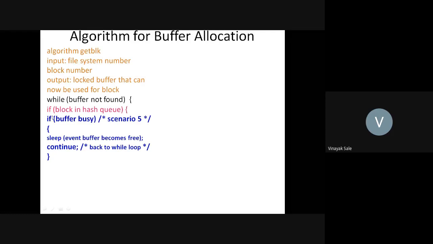Then again the if condition, block in hash queue, which is present. Now this is present, then mark the buffer as busy, that is, allocate that buffer to the kernel. So here is scenario 1: remove that buffer from the free list and return the buffer. Here is the completion of the if condition.